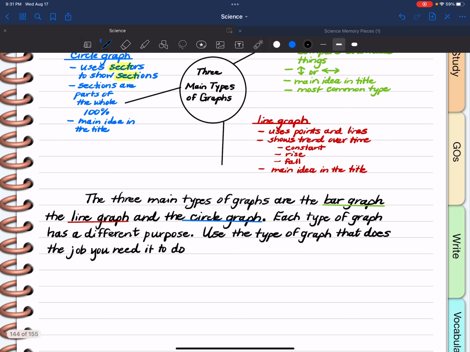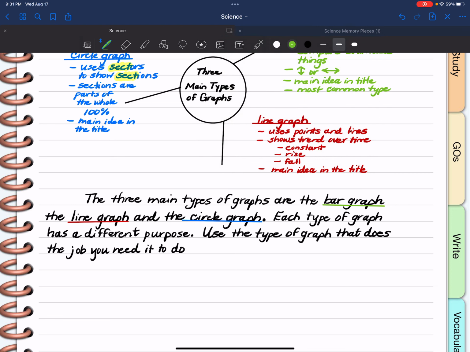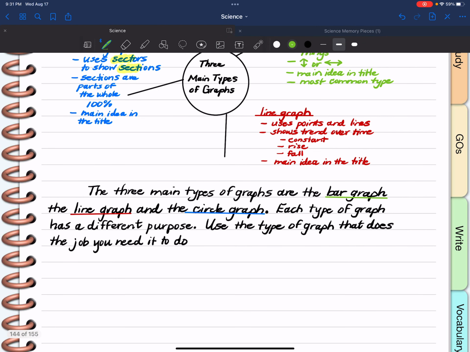Then I'm going to pick up the green pen and I'm going to tell you about the bar graph. So I'm starting a new paragraph.